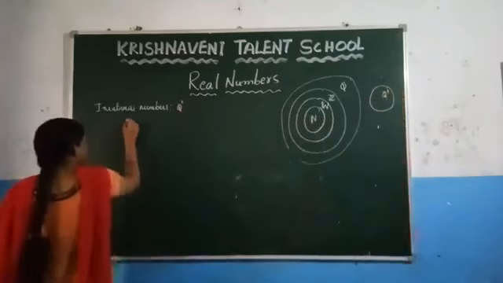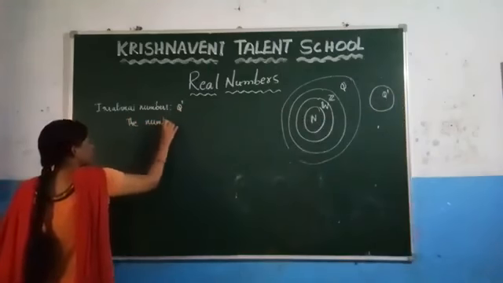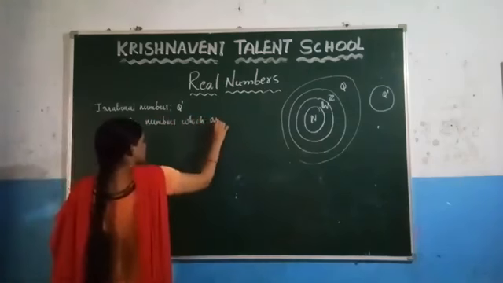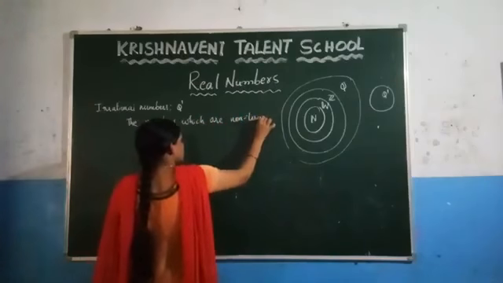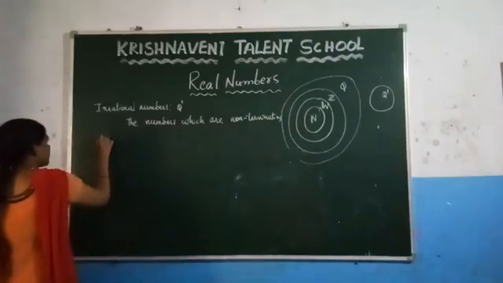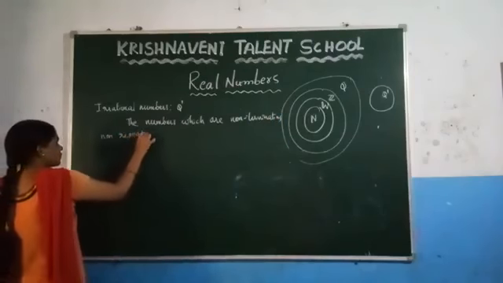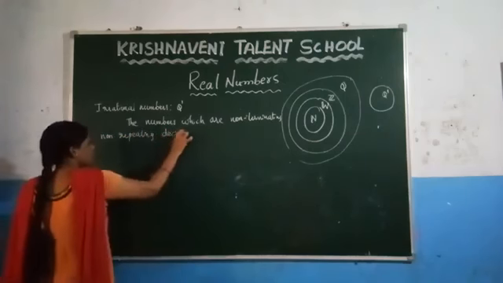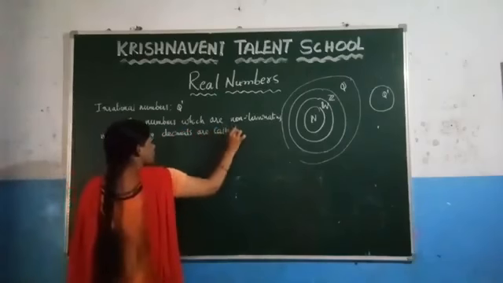The irrational numbers can be defined as the numbers which are non-terminating, non-repeating decimals. These are called irrational numbers.